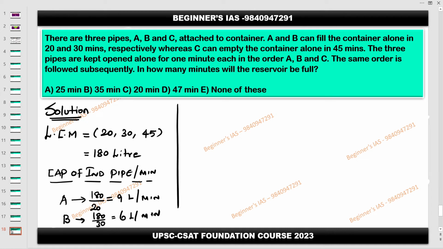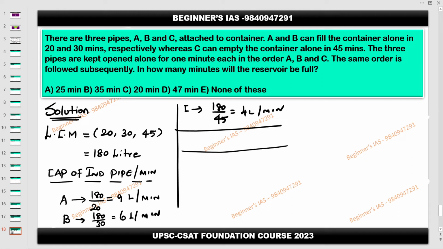Then C, capacity 45. So therefore here, 4 liters per minute. So what if all are opened? If all are open, listen carefully. Which is going to be emptying? C is emptying. A and B are filling the tank. Listen carefully.